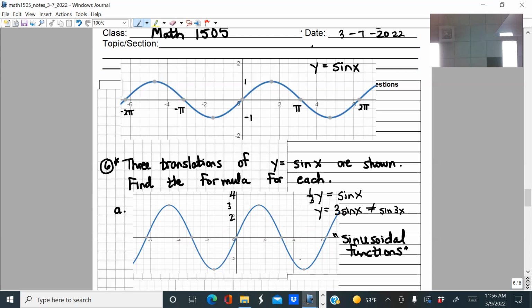Horizontal, right? Okay, that's a horizontal stretch. So it's going to change the way the curve looks from left to right. And in fact, what does this do? It's going to shrink it by a factor of what? 1/3. So this curve is going to get shrunk by a factor of 1/3.